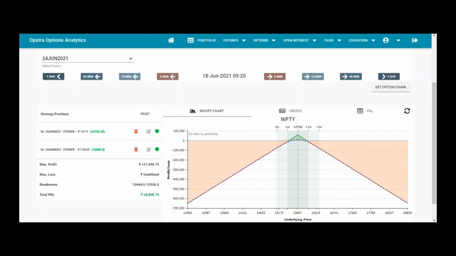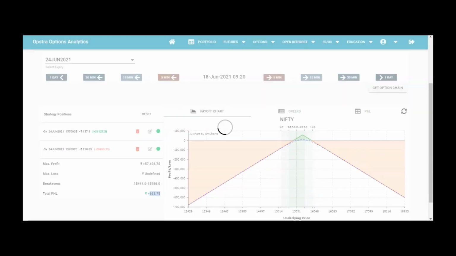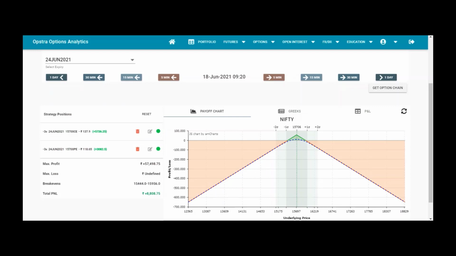Let me go a day ahead here. So you see, on 21st June, when the market opened, 600 rupees. But a day before, on the 18th June, which is Friday, when the market opened, we are in the profit of 8,800. So let me go 15 or 30 minutes ahead from here and see whether we achieved our target or not on the 18th June.